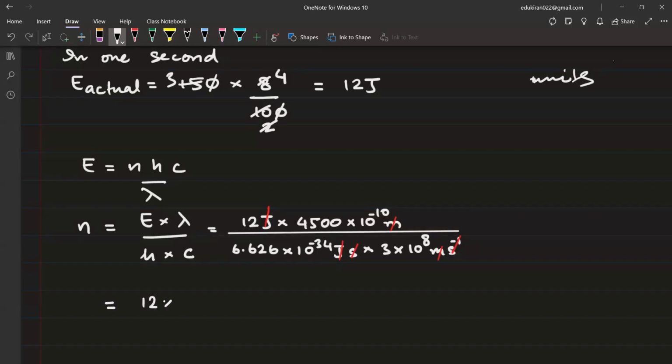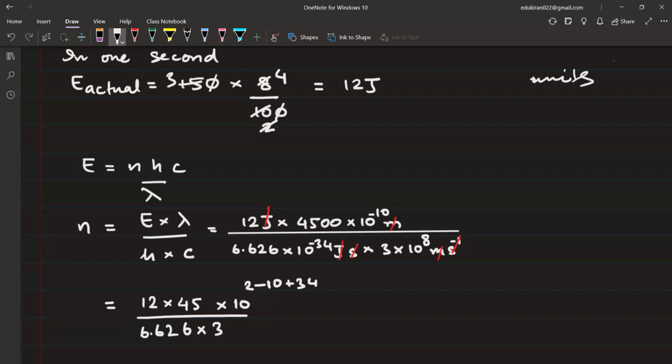Now we will arrange this in a manner such that we have the powers of 10 properly. So we'll have 12 into 45 into 10 to the power 2, because here we have 4500, minus 10, because 10 to the power minus 10, divided by 6.626 into 10 to the power minus 34, it will go above, it will become plus 34, right? Then we have into 3.